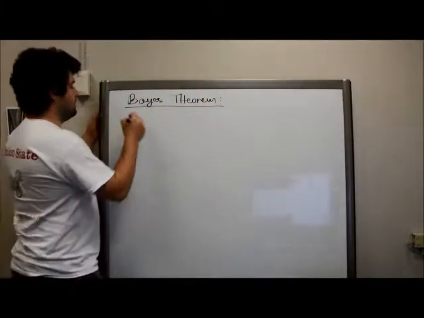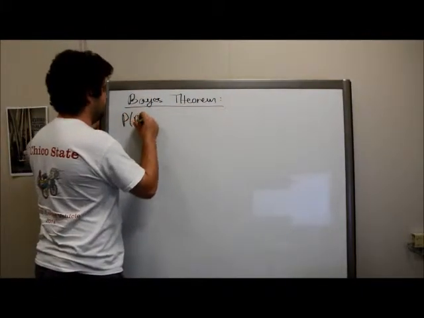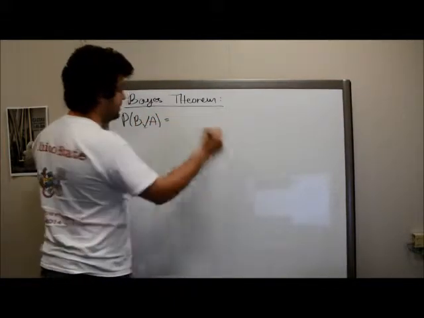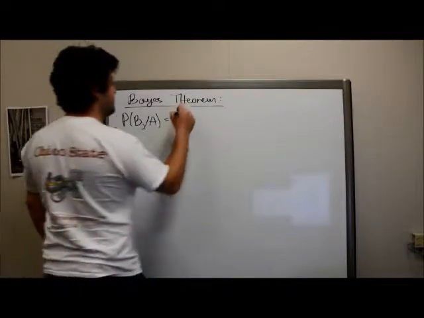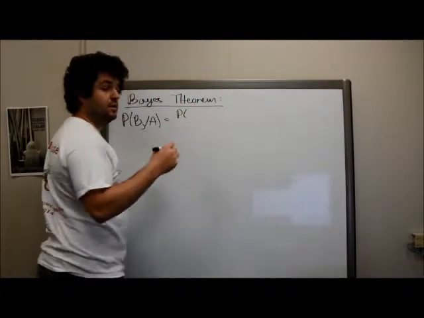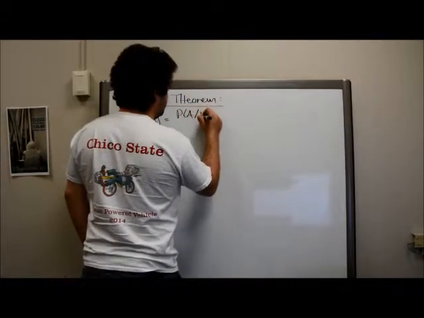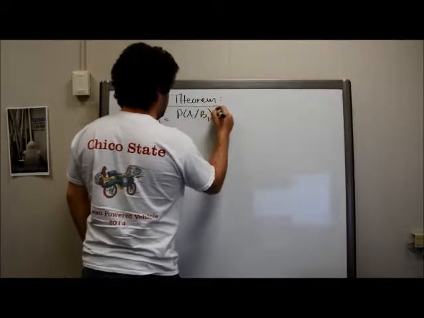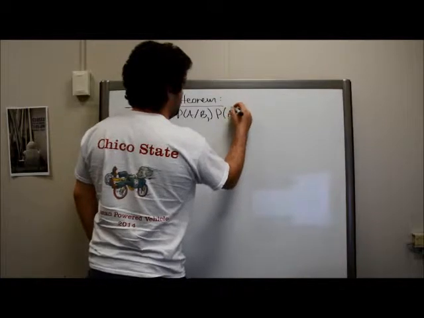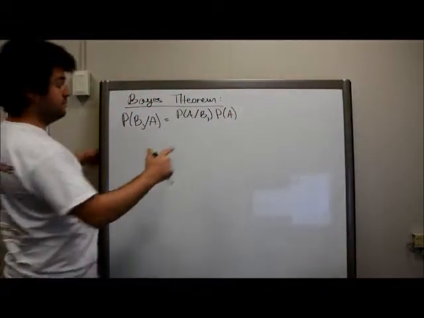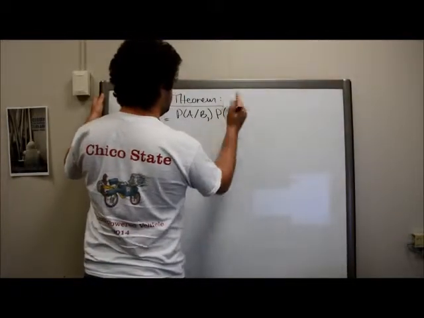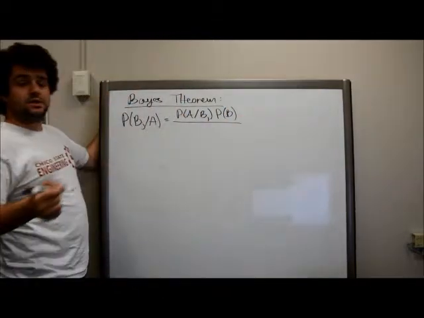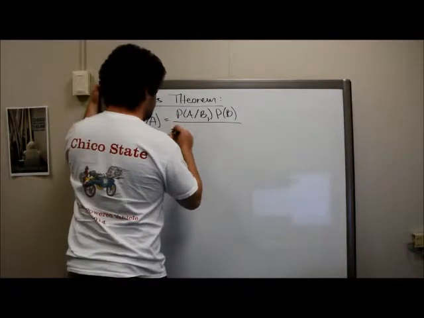Alright, so what we have is the probability of B given A is going to be equal to the probability of A given B times the probability of B, all over a sum of probabilities.